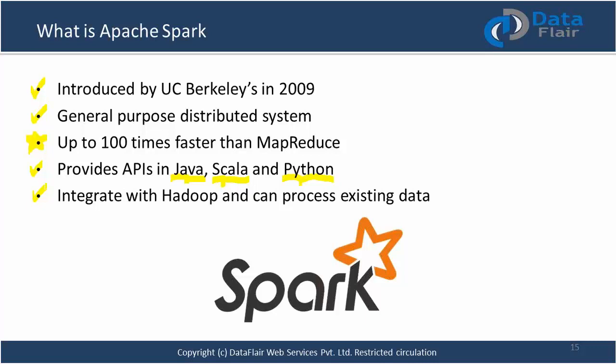You have a 1000 node cluster, you have 100 petabytes of data stored distributedly. No issues. Spark will not move your data from here to there. It will process your data distributedly across your 1000 nodes, and that too by following data locality.